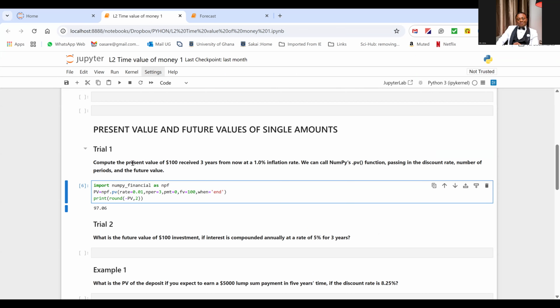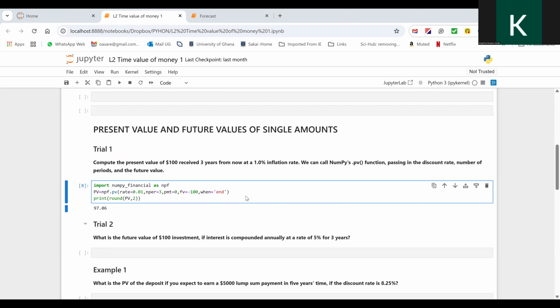Go ahead with your question. Doc, please. I was looking at the argument that the present value takes in the slide. I realized in the Python here you introduced something, when is equal to end. Can you please help me understand the role it plays? Which one? The syntax for the present value.